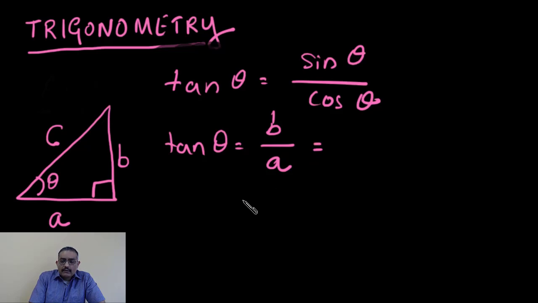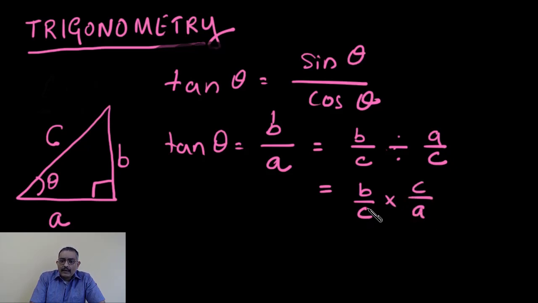Now we can utilize the sine ratio and the cos ratio to represent the b and the a. Let me show you. So if we were to do b by c divided by a by c, what we are going to get is, fraction division involves multiplying by the inverse, right? So b by c multiplied by c by a, these two would cancel each other and you will get b by a.